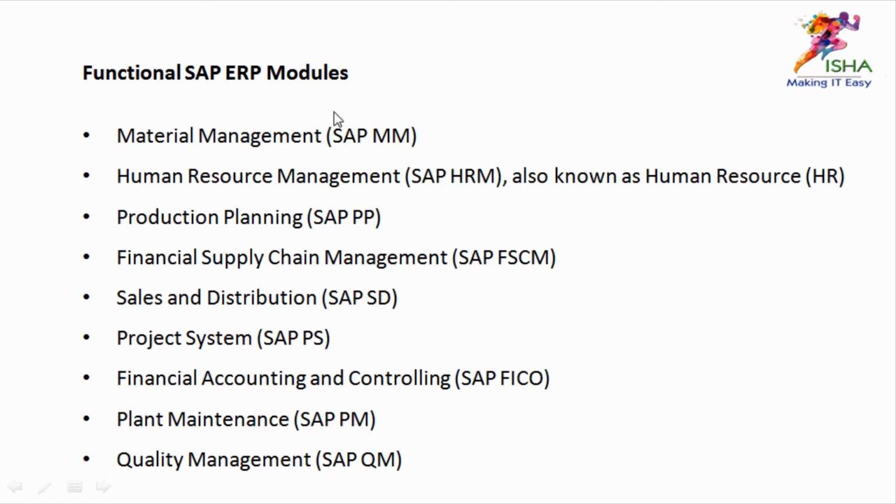So the whole SAP is divided into so many modules. Typically, to learn one module takes 3 to 6 months. So imagine what it is to learn all these modules.